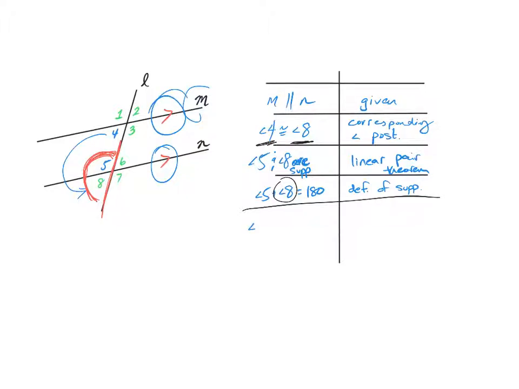So I can do that. I can say angle 5 plus angle 4 equals 180 thanks to substitution. I guess there should be little m's here for the measure of the angles.